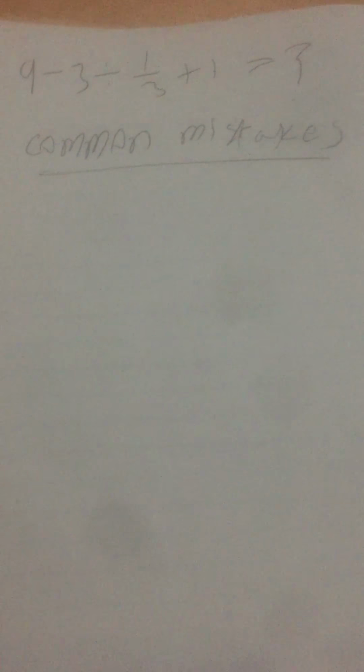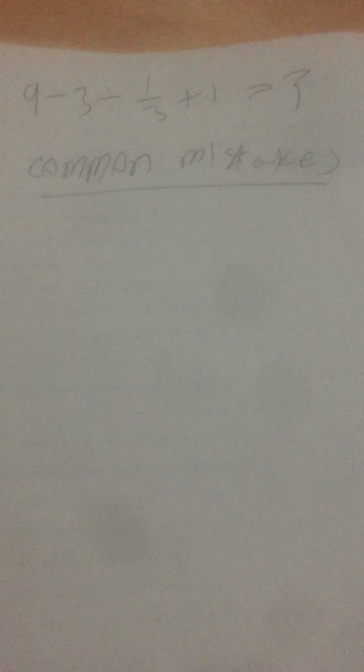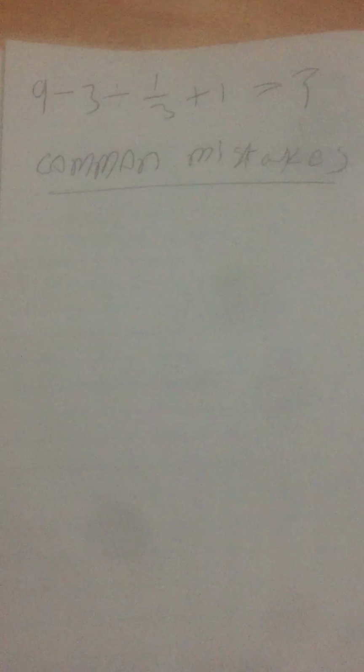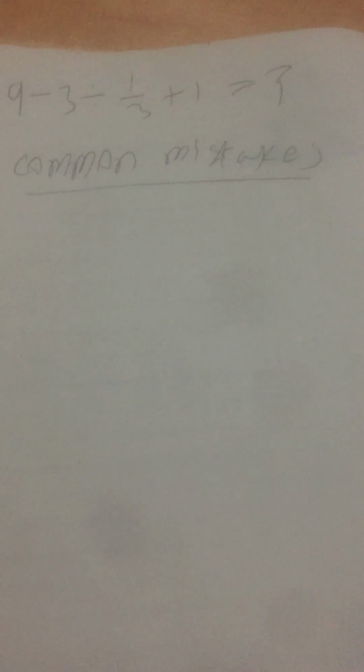Now let's assume that you went to input this in Google. You know what you do with Google? Google does not understand some certain mathematical symbols. Once you put this in Google, see what Google will give you.